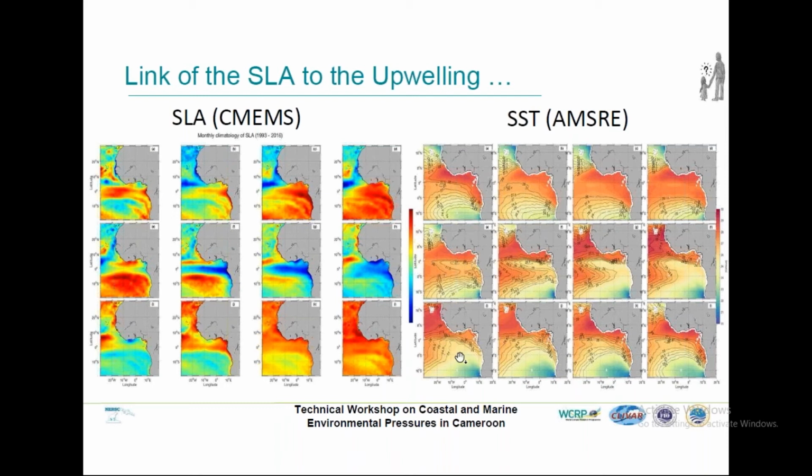And if you look closely in the north, close to the Cameroon coastline, during the same period we also have an increase of the sea level, while the SST is not that low in this region. So here we have an asymmetric variability around the Cameroon coastline of the sea level anomaly related to the sea surface temperature. Next.